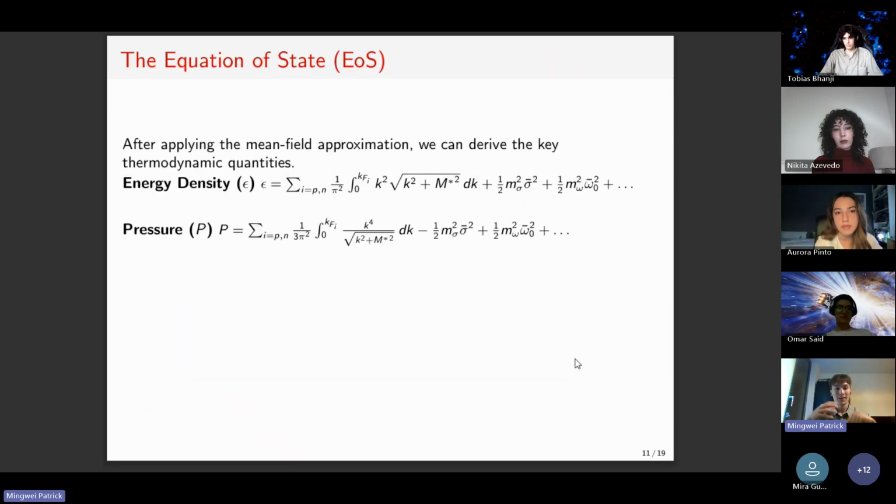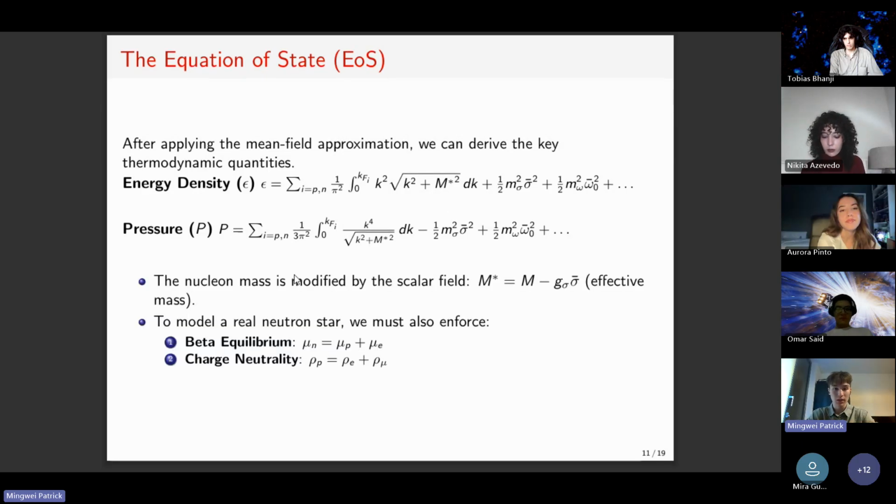And so now we can simplify this and solve a much simpler equation, which gets 2 expressions, as I talked about, the equation of state, and they're really important to get the overall internal structure of the neutron star. I'm not going to go through all the mathematics, but this first term here of the energy density represents the kinetic energy of the nucleon itself. And if you notice, it has this m star, and so this is the effective mass.